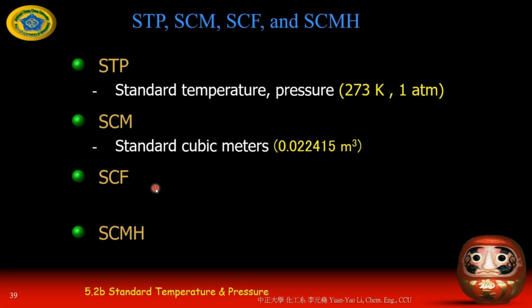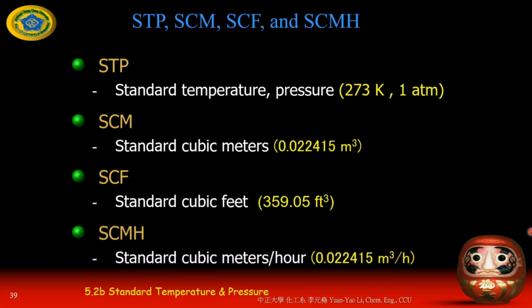How about this? I'm sure you know that now. Standard cubic feet, F stands for feet. And how about this? Standard cubic meter per hour. So this is related to the flow rate, especially the volumetric flow rate, right?